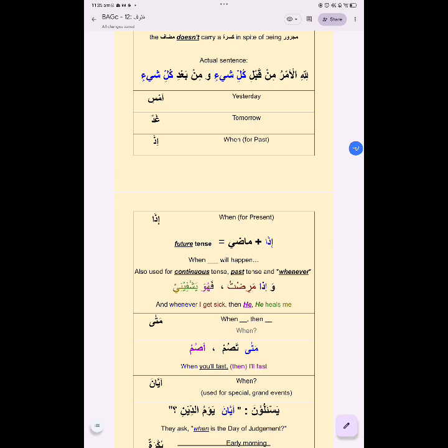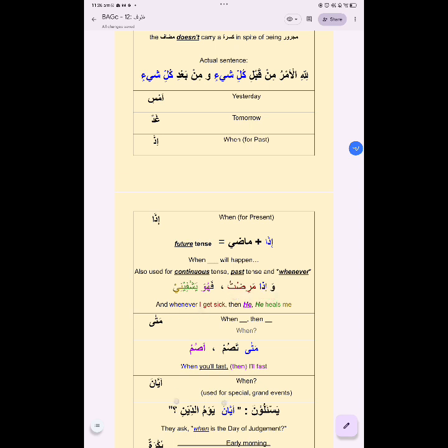So whenever I get sick, fahuwa yashfini, then He heals me. This is a very common ayah, or part of an ayah, that you can see in the hospitals. What is idha maridtu? Whenever I get sick. So here this one is translated as whenever I get sick.